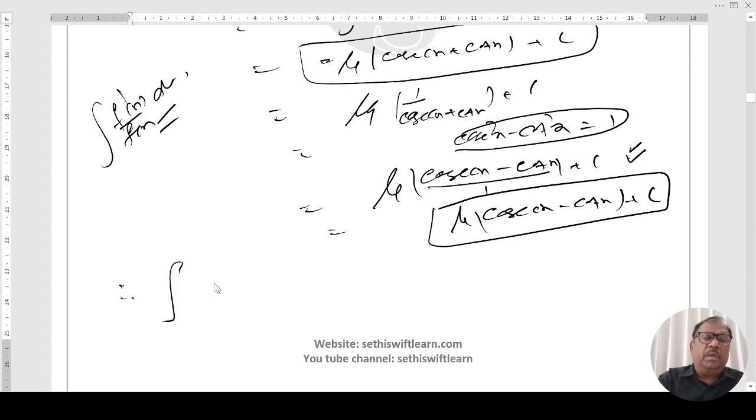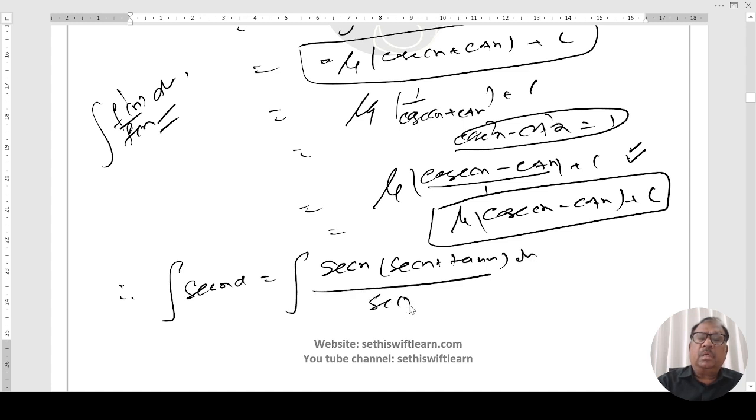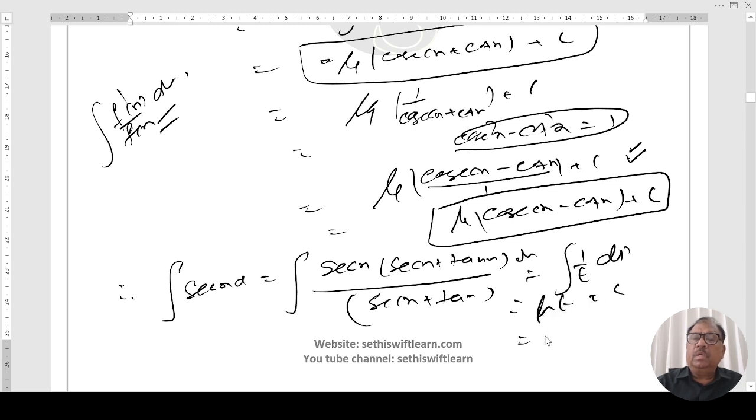Similarly, integration of sec x, multiplying and dividing by sec x plus tan x, dx upon sec x plus tan x. Put this as t, this will be the differentiation, that is equal to 1 by t dt, log of t plus c, that is log of sec x plus tan x plus c.